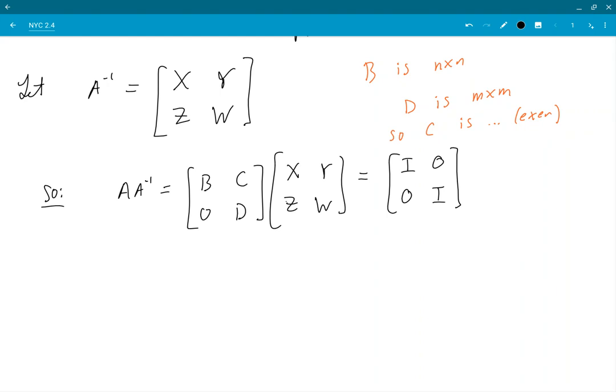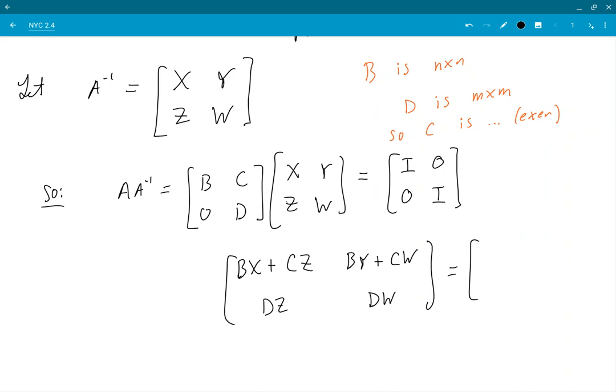I get Bx plus Cz, By plus Cw, Dz, Dw, still equal to the identity matrix here.